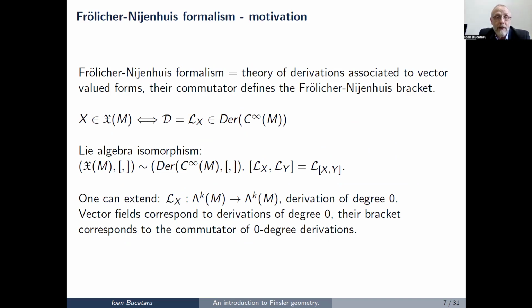Very briefly, the Frölicher-Nijenhuis formalism is the theory of derivations associated to vector-valued forms, and the commutator of these derivations defines the Frölicher-Nijenhuis bracket. Let me explain this association a little bit more.